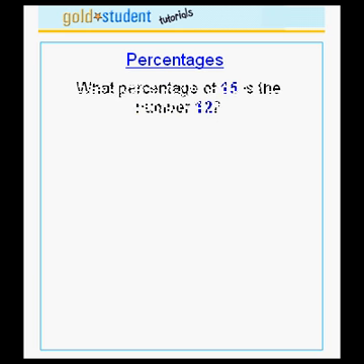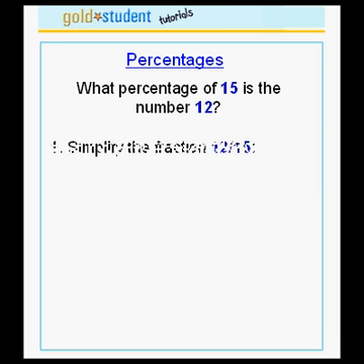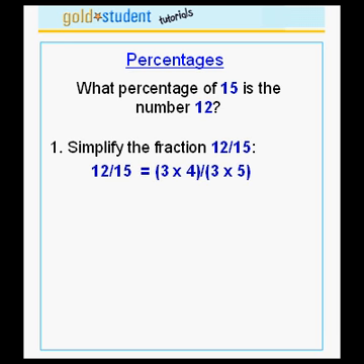Let's do another example. What percentage of 15 is the number 12? In other words, if you take the ratio 12 over 15, what is that as a percentage? First, let's simplify the fraction 12 over 15. 12 over 15 can be written as 3 times 4 divided by 3 times 5.